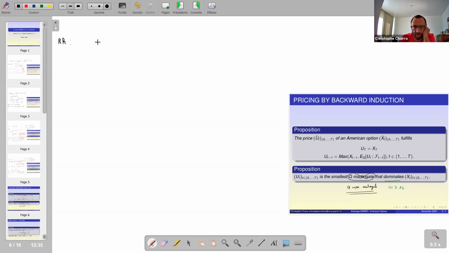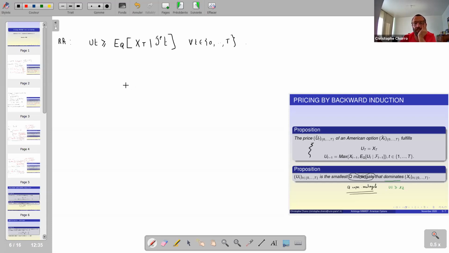I said that U_t defined this way is always greater than this one. Okay, so why do I have this?